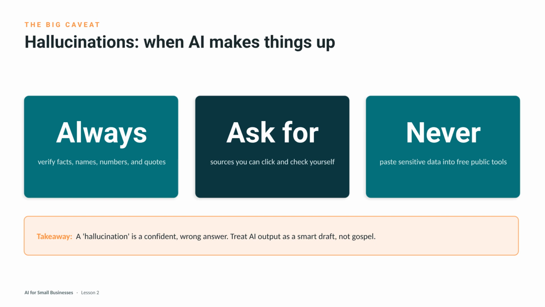Always verify any fact, name, number, or quote before you rely on it. When you can, ask the tool for sources you can actually click and check. And never paste sensitive customer or financial data into a free public tool. We'll dig into safety in Lesson 7. For now, just hold this rule. Treat every AI answer as a smart first draft, not gospel, and you'll stay out of trouble.